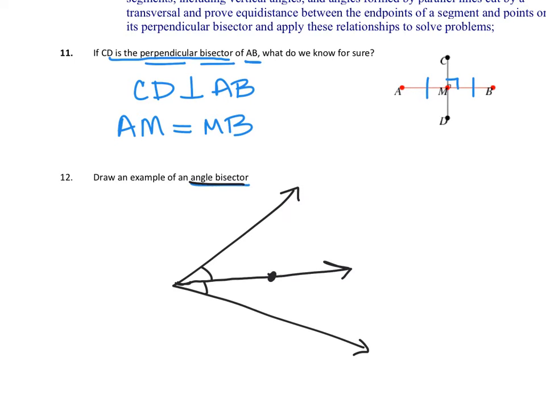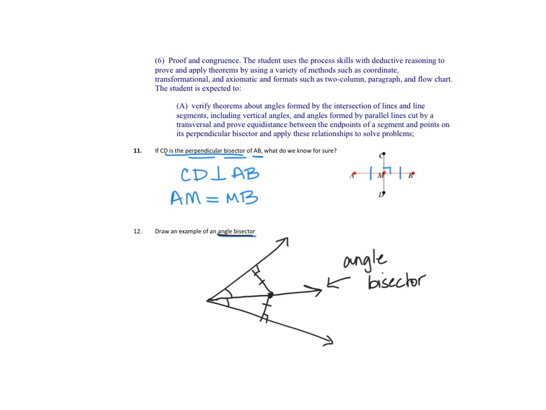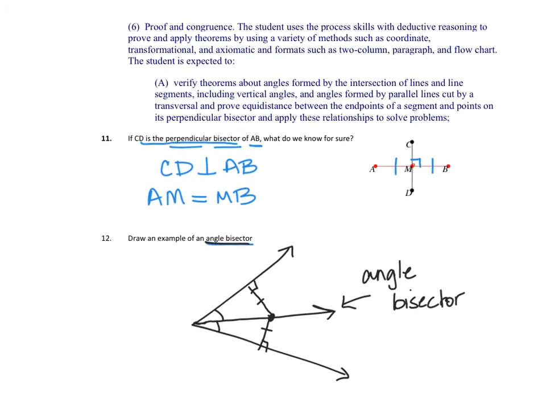So if I had a perpendicular line like this and a perpendicular line like this, those would have to be equal. Just pointing out which actually is the angle bisector in this picture. Any questions on that?